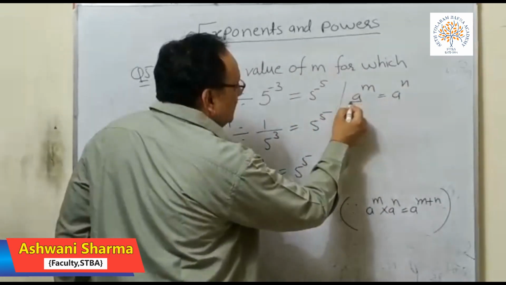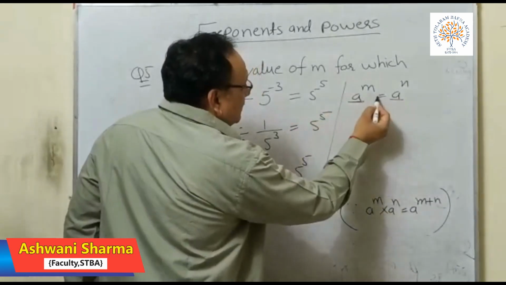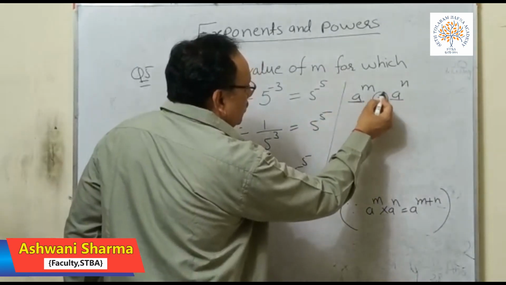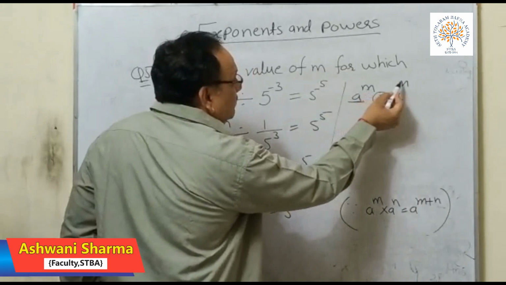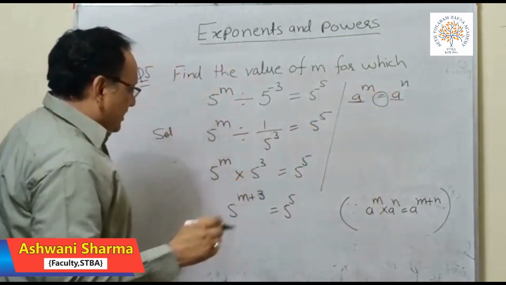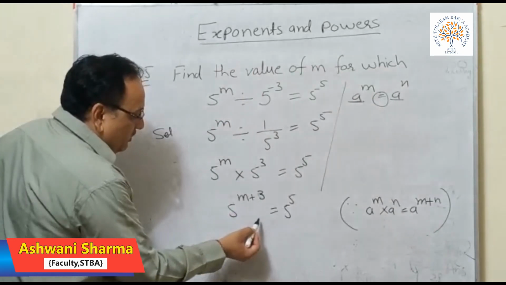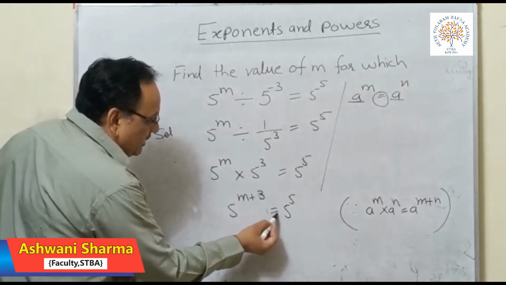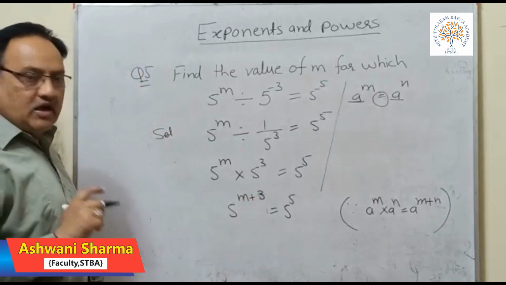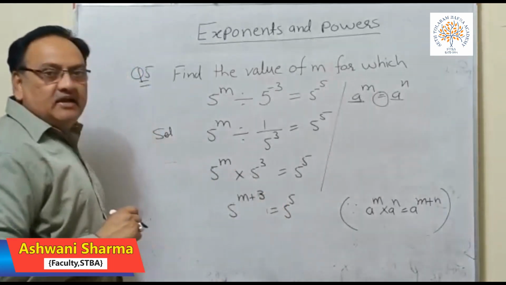Look here carefully. Bases are same. The sign between them is equals to. Then their powers will also be the same. Here this property we will use. Bases are same and between them is the sign of equal, then their powers will be equated.